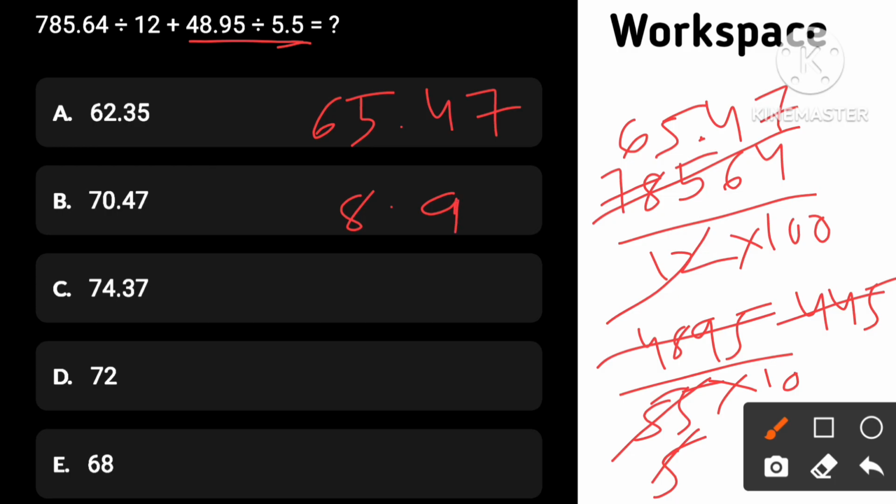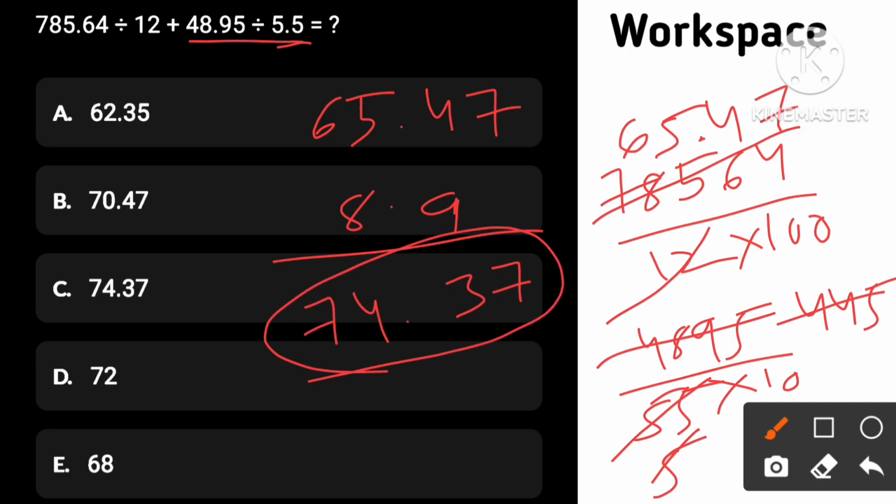Due to denominator 10 we have 8.9. Sum of these two we get 7 3 and 9 plus 5 14 7 4 3 4 is our answer. Option C is the answer.